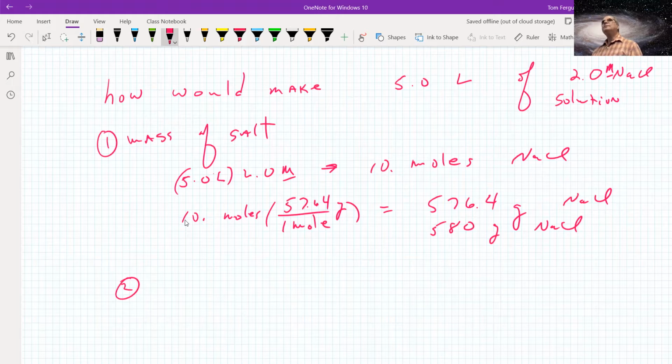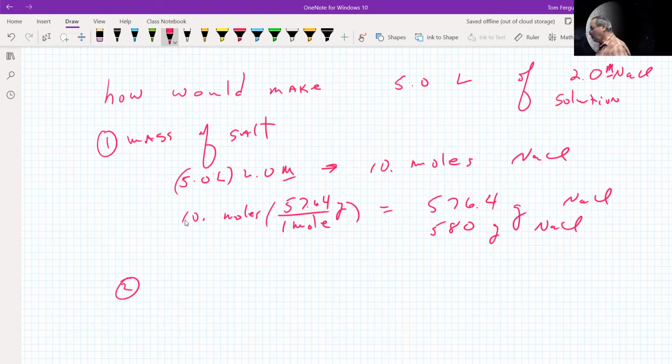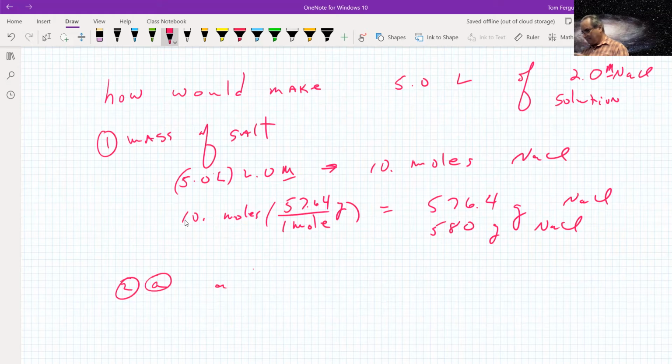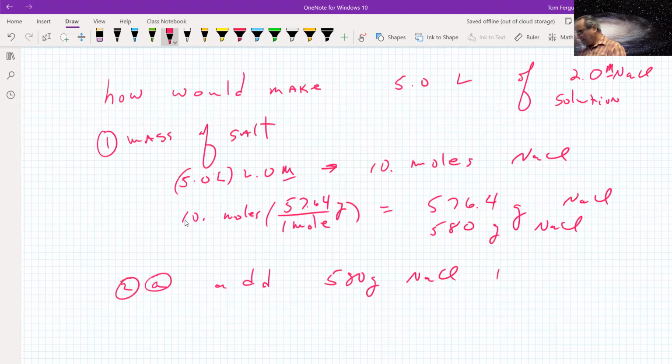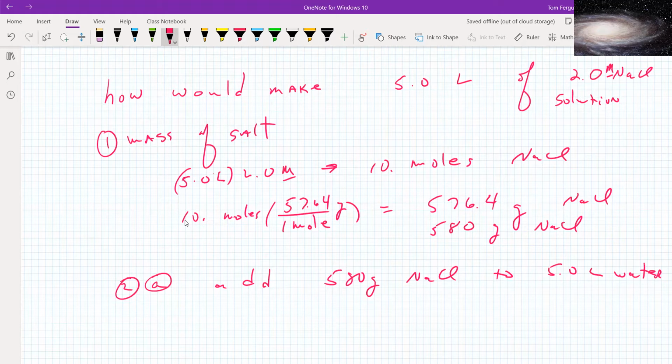Tell me what your recipe instructions would say. So we're going to dump in 580 grams of salt and 5.0 liters of water.